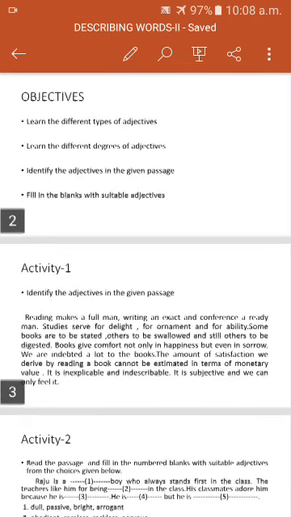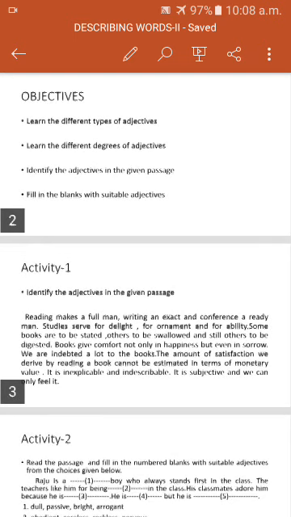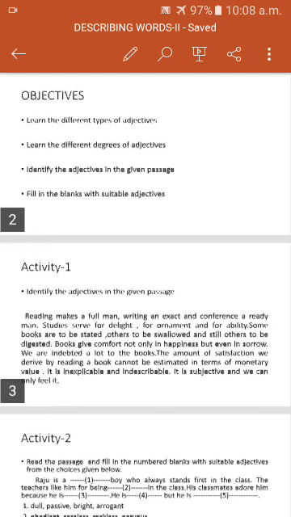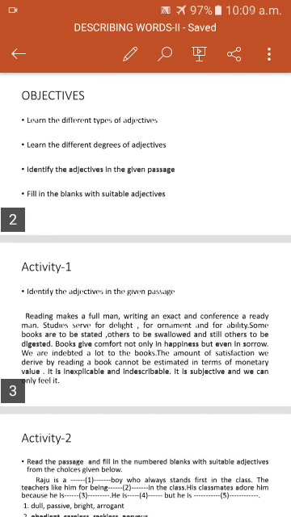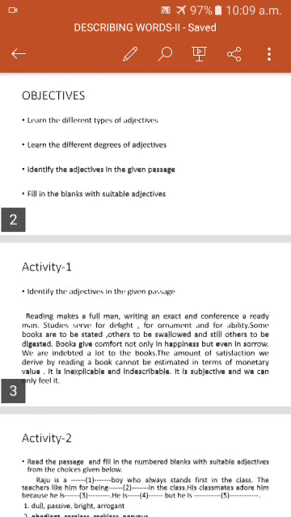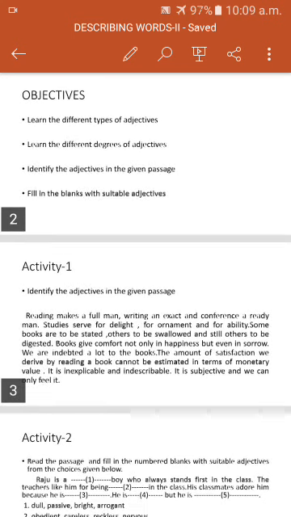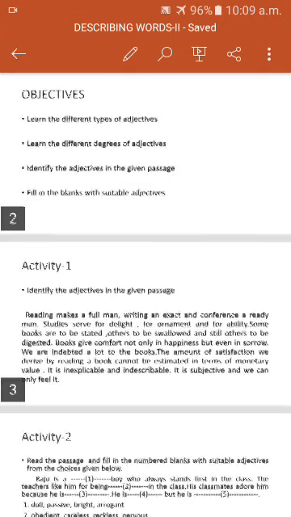We are going to learn all these things in this lesson also for the sake of reinforcement, for the sake of repetition, and we are going to do exercises in the form of activities.